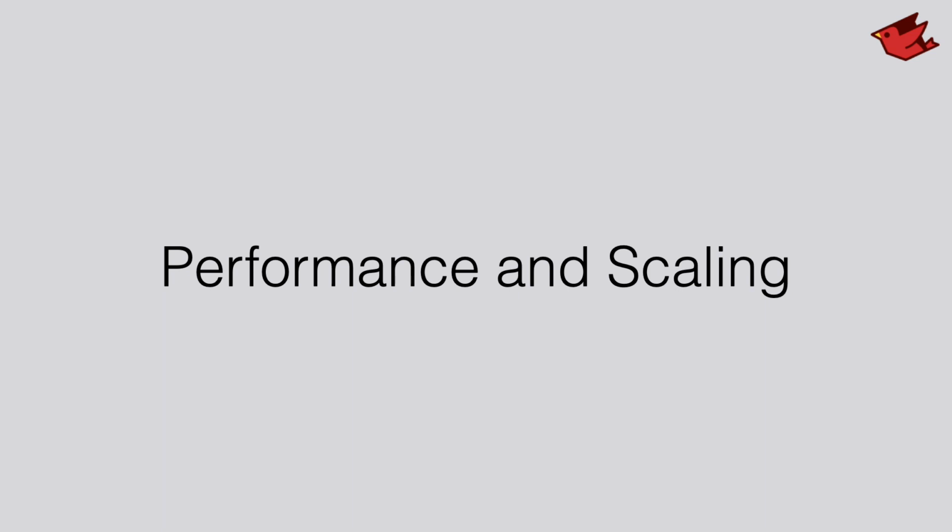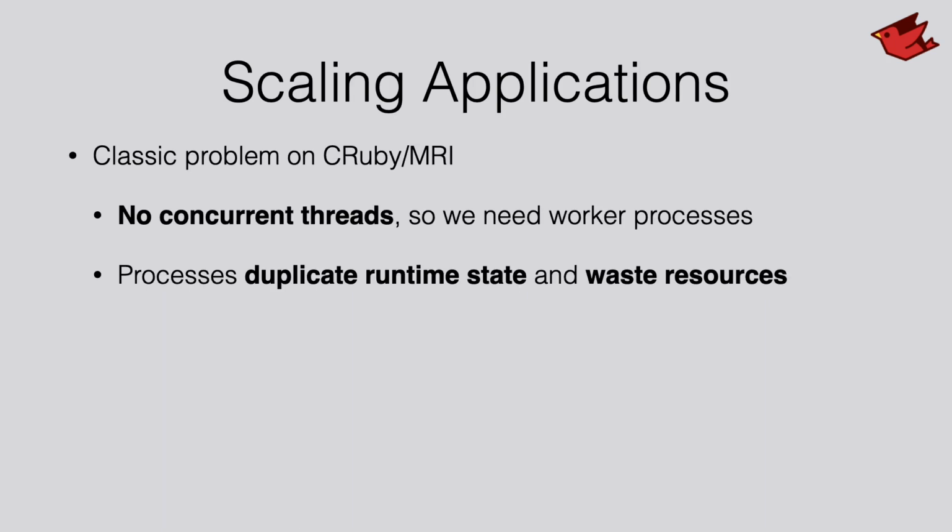All right, so let's talk a little bit about performance and scaling, which is a different aspect of performance. So scaling applications. This has been a classic problem on standard Ruby. Because we don't have concurrent threads, we have to spin up worker processes to make the most use of all the cores in the system.